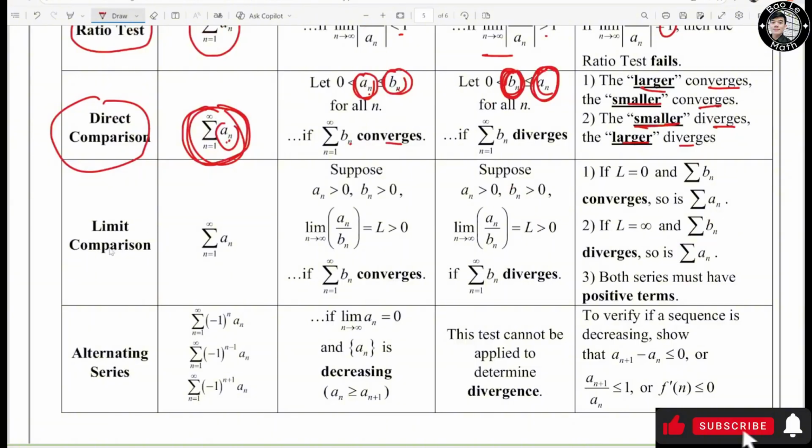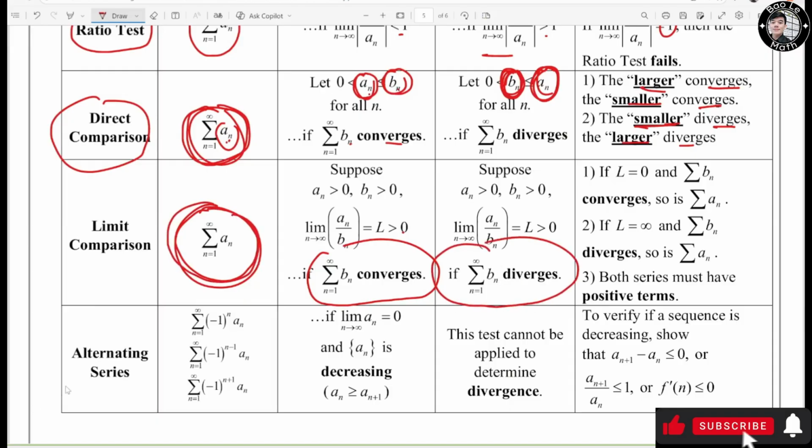Now, we're going to move on to the limit comparison test. The formula is given by this one. Suppose you have two positive series, a sub n and b sub n. If the limit of a sub n over b sub n when n approaches infinity equals a number L greater than 0, then the series on top converges if the bottom converges, and diverges if the bottom diverges.